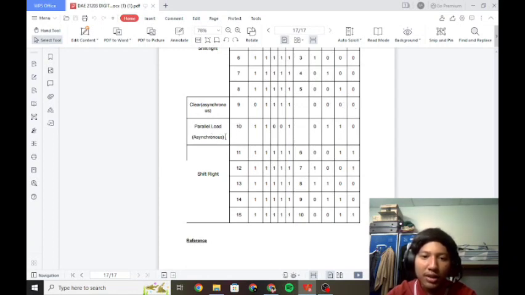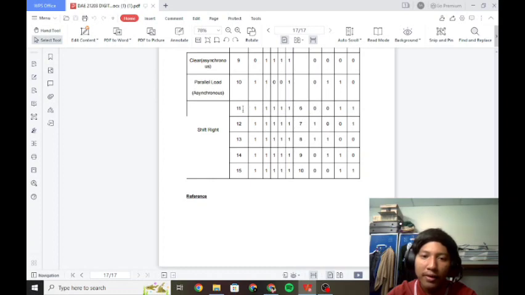For parallel load asynchronous at line 10, clear 1, A 1, B 0, C 0, D 1. The output will be inverted. Then the outputs, A is 0, B is 1, C is 1, D is 0. Shift right, there will be 5 lines.